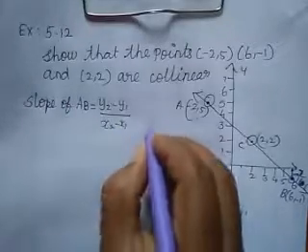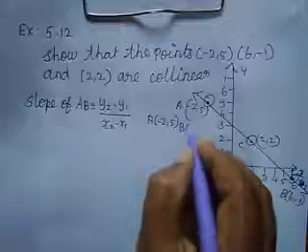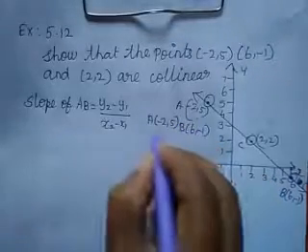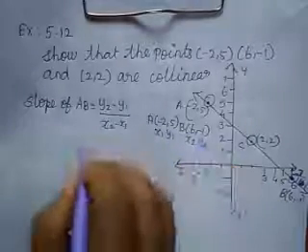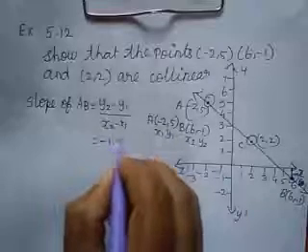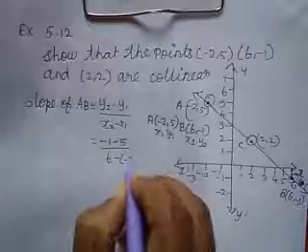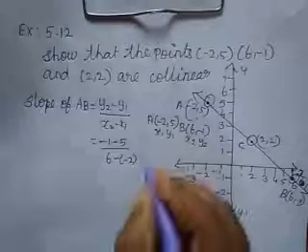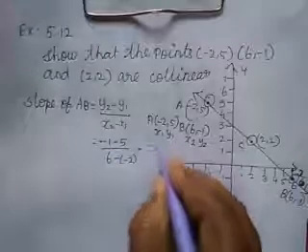The points are A (-2, 5), B (6, -1), so x1, y1, x2, y2. Here y2 is -1, y1 is 5, x2 is 6 and x1 is -2. So -1 minus 5 is equal to -6.